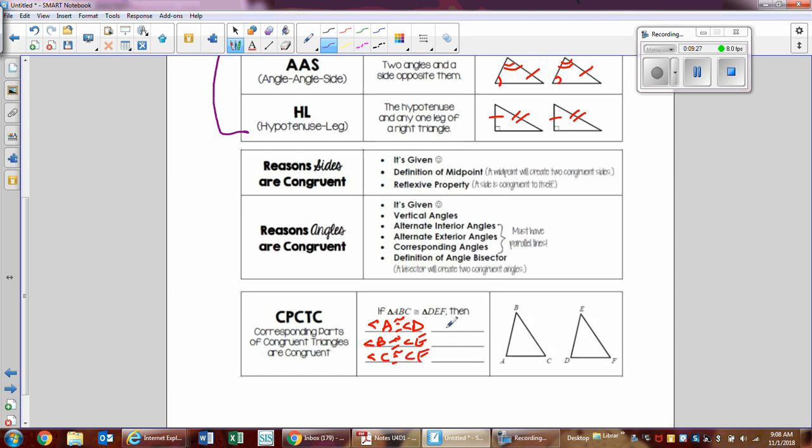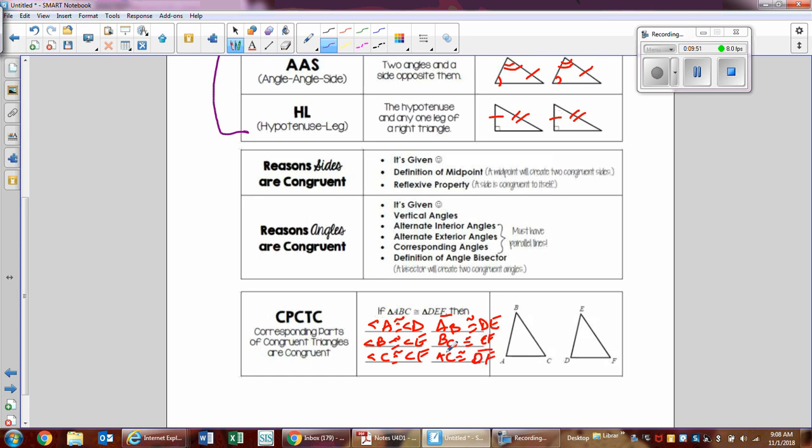The same thing with the sides. AB is congruent to DE. BC is congruent to EF. And then AC is congruent to DF.